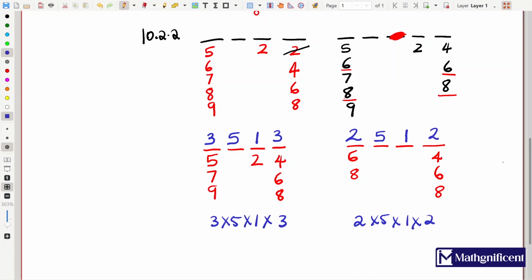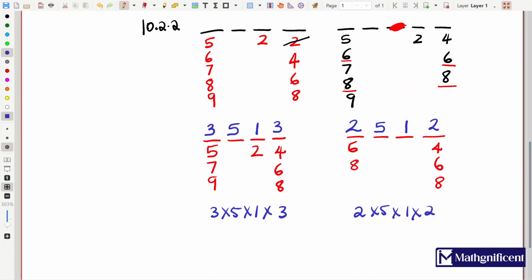So we know that to find the total possible 4-digit codes here, we can just say that this is 3 times 5 times 1 times 3 plus 2 times 5 times 1 times 2.